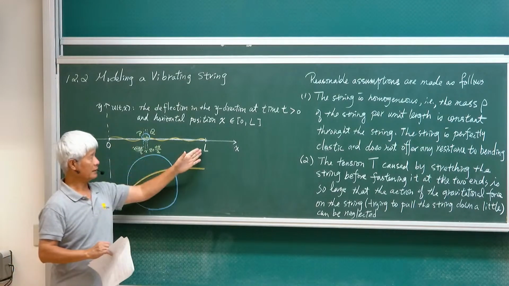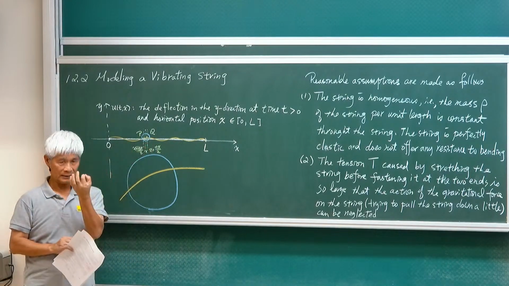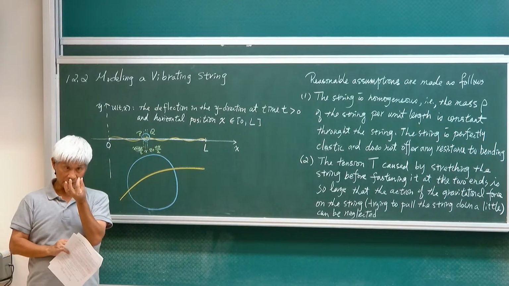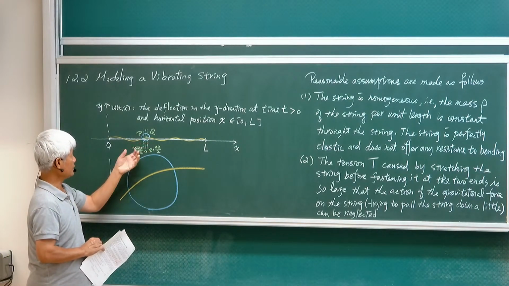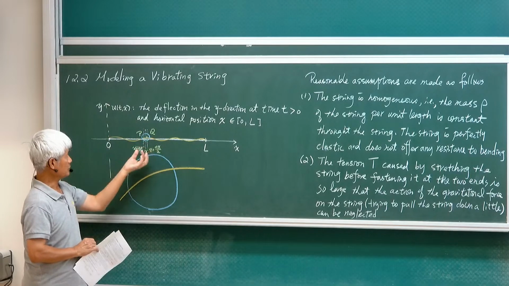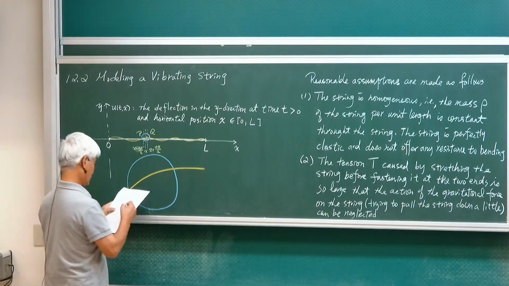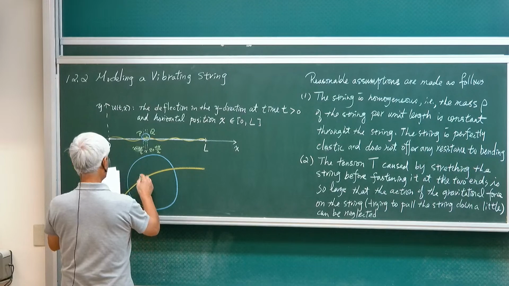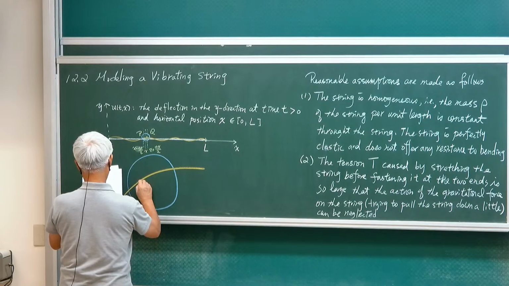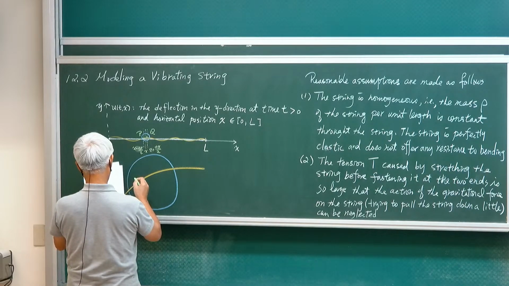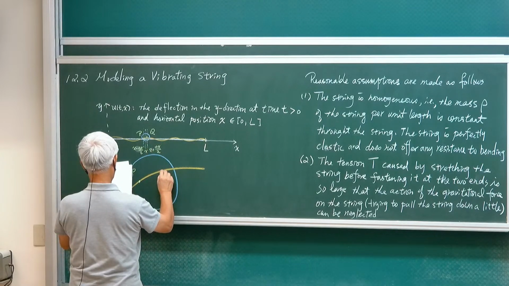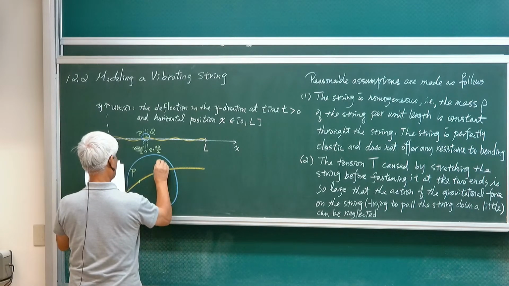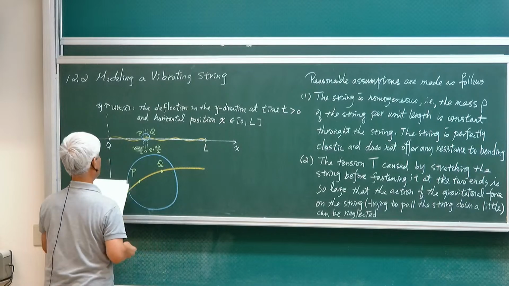Okay, so we look at the point x between 0 and L, right? And the small element corresponding to delta x there. All right, and so here we have P, and we have Q. Okay, right.